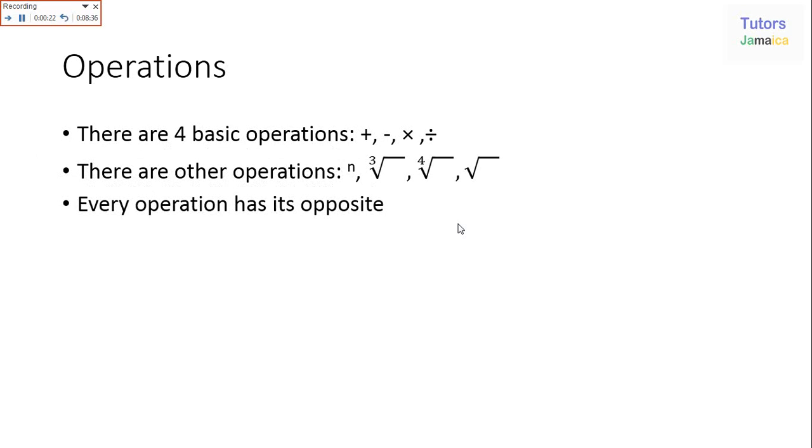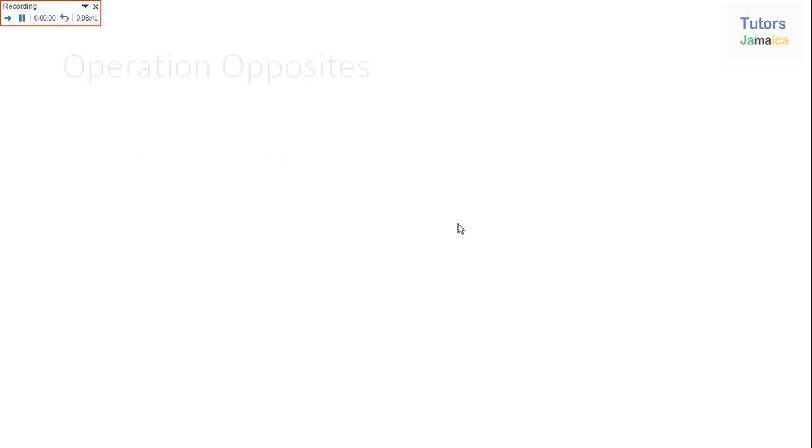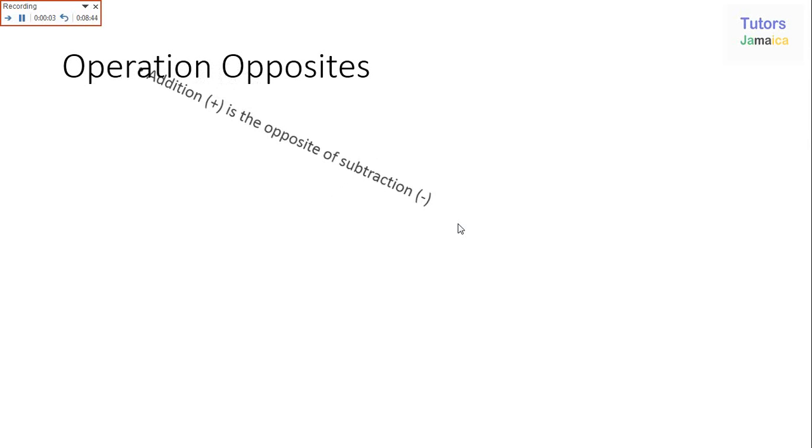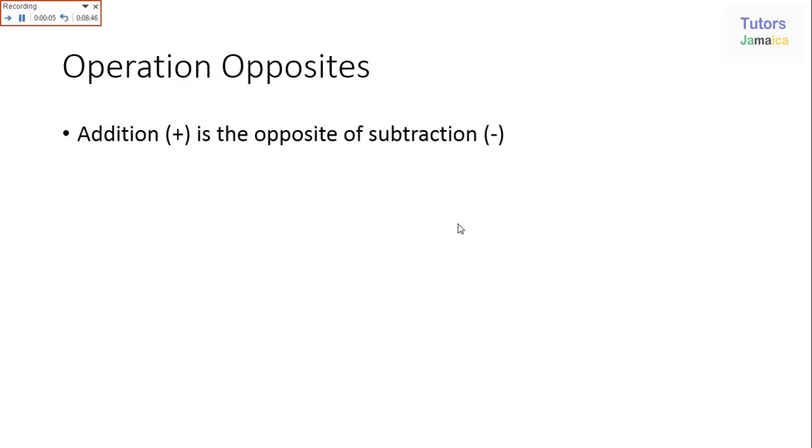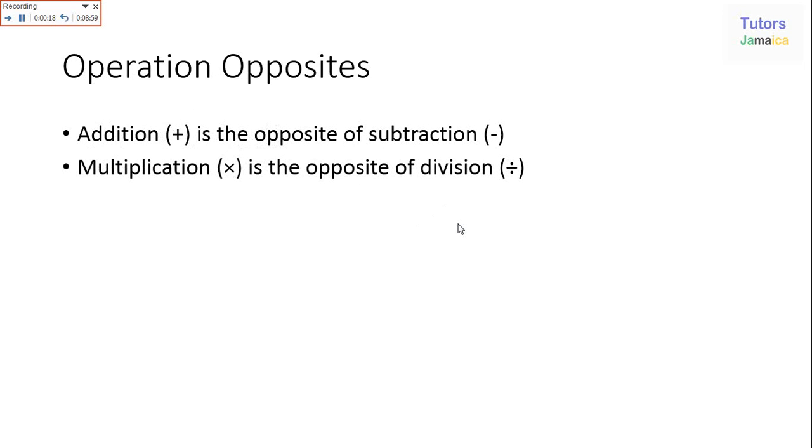Every operation has its opposite. So let's look at opposite operations. Addition is the opposite of subtraction, so therefore subtraction is also the opposite of addition, and this will be important in doing transposition. Multiplication is the opposite of division.